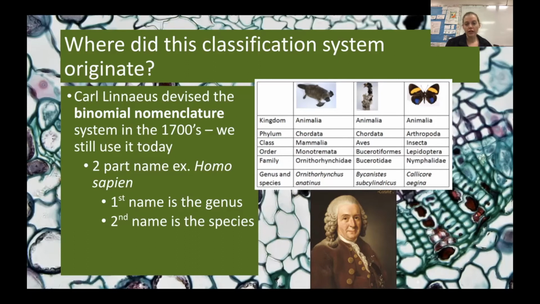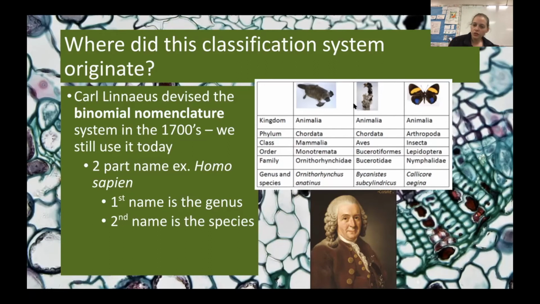Now, if we're looking down our classification system, every level is going to have a name. The more we see in common between these species, the more closely related they are. So they're all animals. But if we go down to the phylum level, these two are chordates. They have the spinal cord, and the arthropod over here belongs to a different phylum. It does not have a spinal cord. It belongs to the insect group, and there are a few other members of this phylum as well.